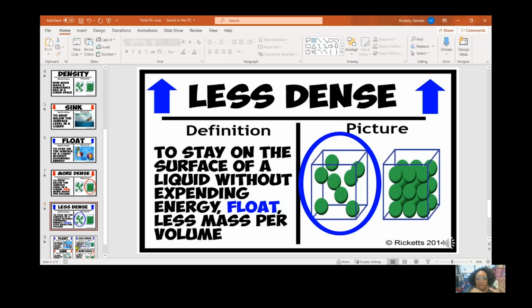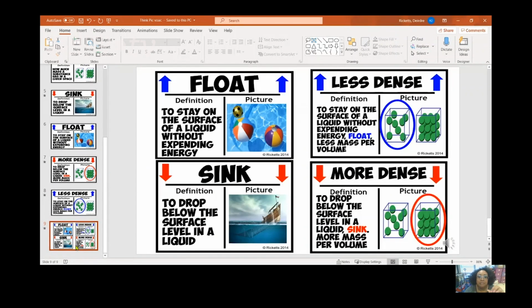Okay, so we have sink and float and more dense and less dense. Let's take a look at them together. On my left-hand side, I have the words float and sink, with float on the top with the blue arrows pointing up, and sink on the bottom with the red arrows pointing down. Let's come over here to the right-hand side. I want to show you that in less dense, you see the word float in it, because I want you to equate or put together those two terms.